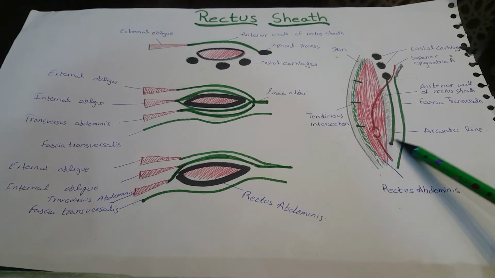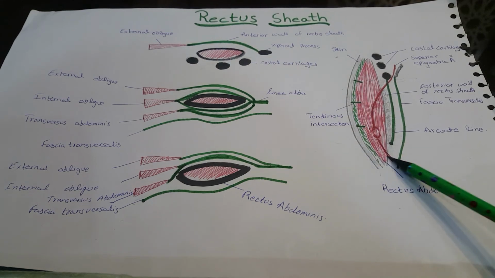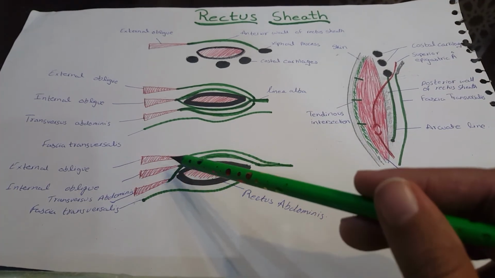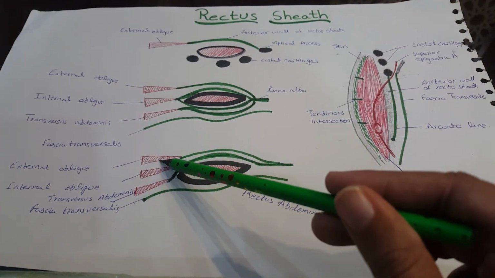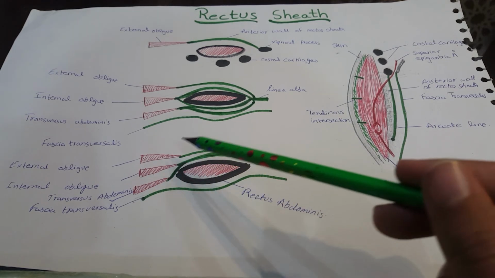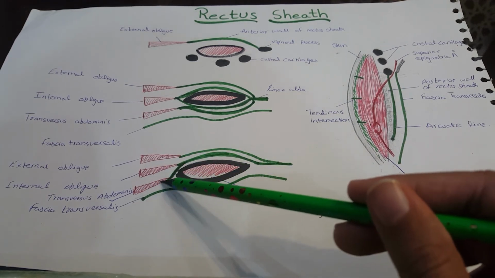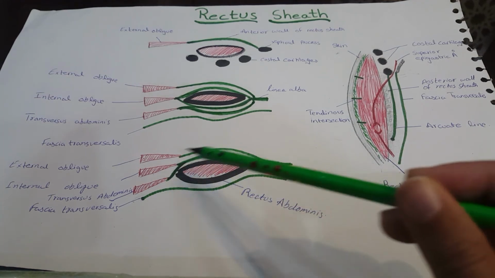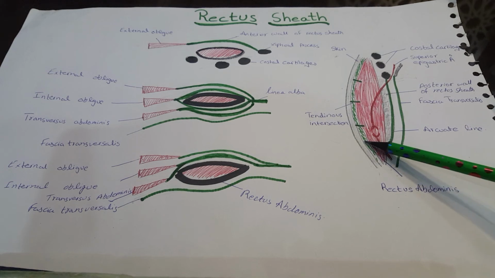Below the arcuate line, rectus sheet is formed anteriorly by the aponeurosis of external oblique muscle, internal oblique muscle, transversus abdominis muscle. Means all three muscles' aponeuroses are forming the anterior wall of the rectus sheet at this level.